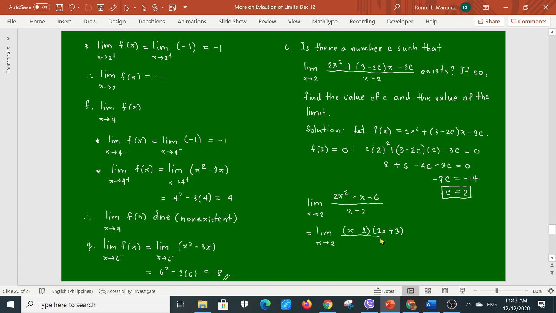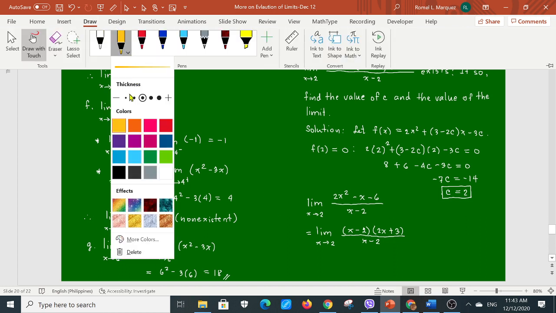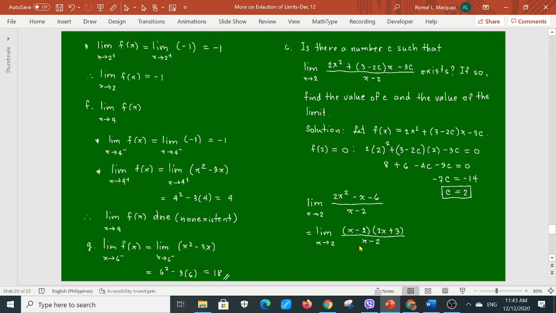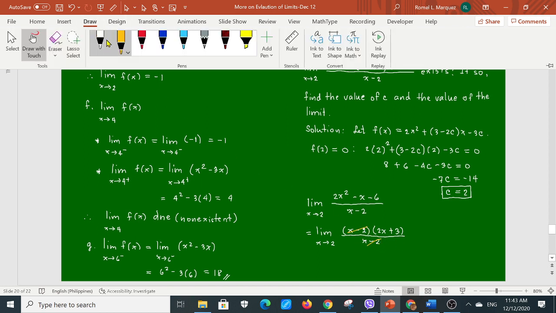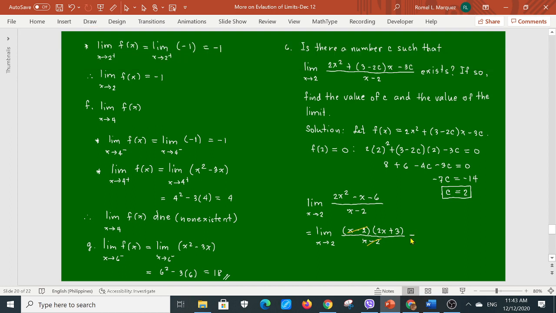All over, what about the denominator? x minus 2. So I can now cancel this out, so getting the limit as x approaches 2 of 2x plus 3.